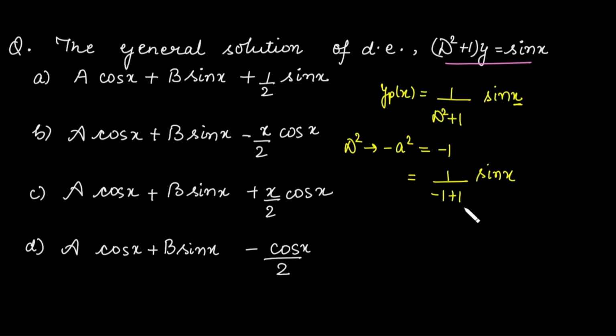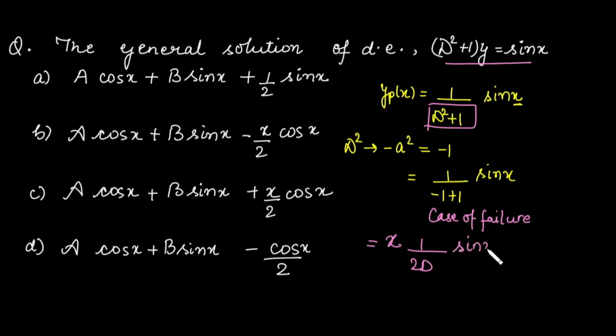So this is the case of failure. In case of failure, rather than taking a function of D, we will take its derivative. That is 1 upon its derivative, which is 2D, and there is an additional term, that is x, because we have taken the first order derivative of this one, into sine of x.